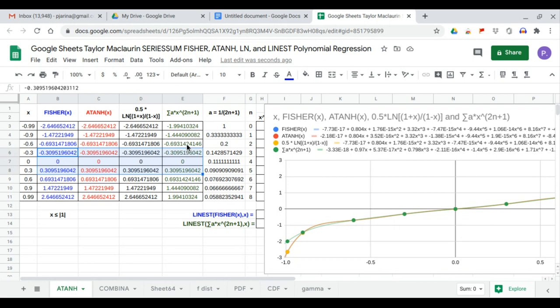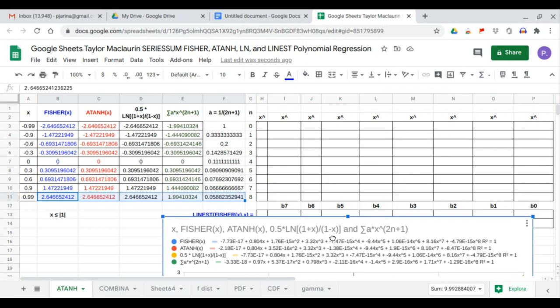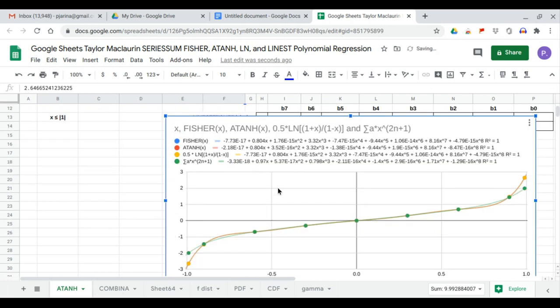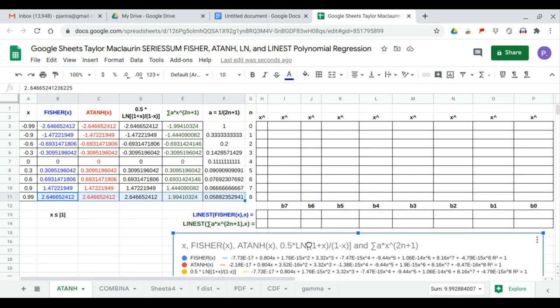Beyond this value, there's already a difference. The farther you go, there's already split ends. So this is good only between 0.3 and negative 0.3. That's how accurate the approximation of the Taylor-Maclaurin series sum is. That's because we're limited only from 0 to 8. But this is more accurate if we can go beyond 0 to 8 to infinity.